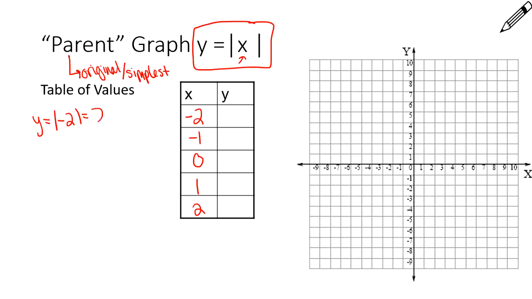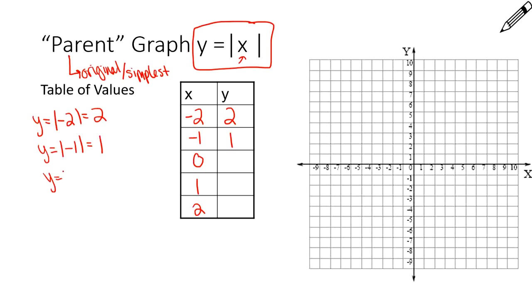Well, that's going to get me back to a +2. So that's going to be my y value for that appropriate x value. So what if I plug in -1 into the function? Well, the absolute value of -1 is going to bring back a positive number, which is just going to be 1. So that's my y value for that ordered pair.